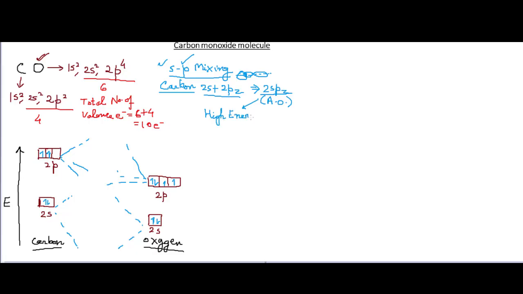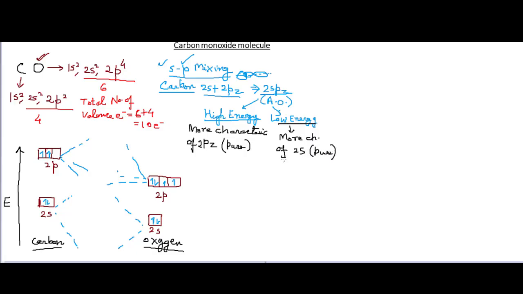And 2spz also has a high energy 2spz and a low energy 2spz. The high energy one will have more characteristics of the pz orbital, and the low energy one will have more characteristics of 2s.